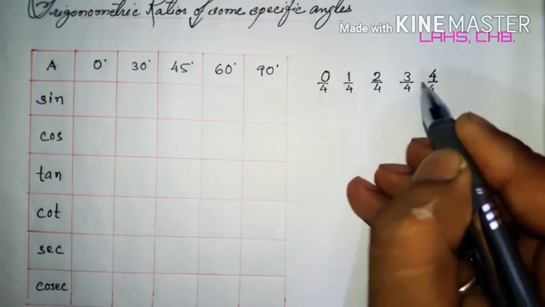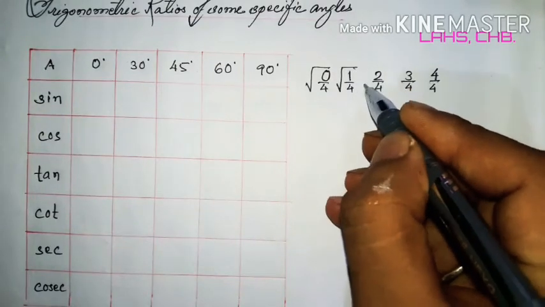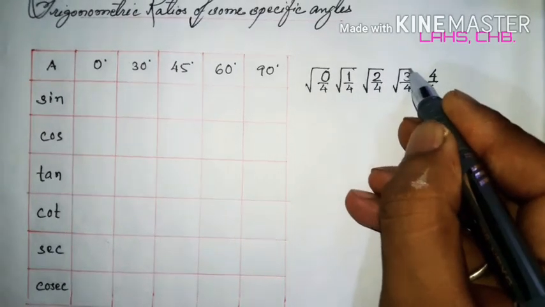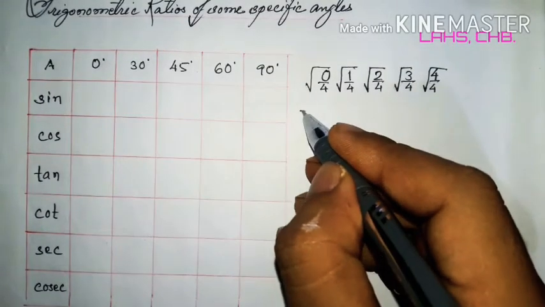After that, find the square root of each number in this way. Put a square root sign. Now calculate.